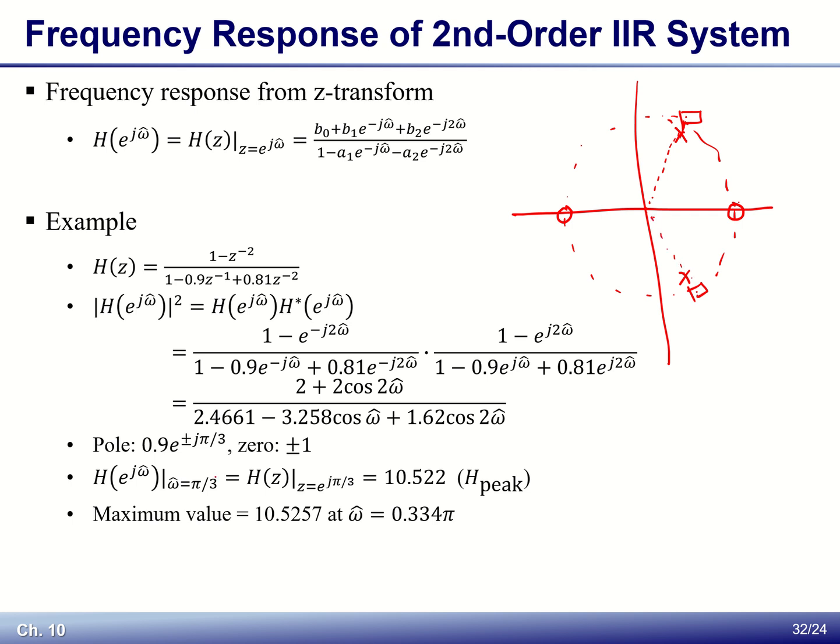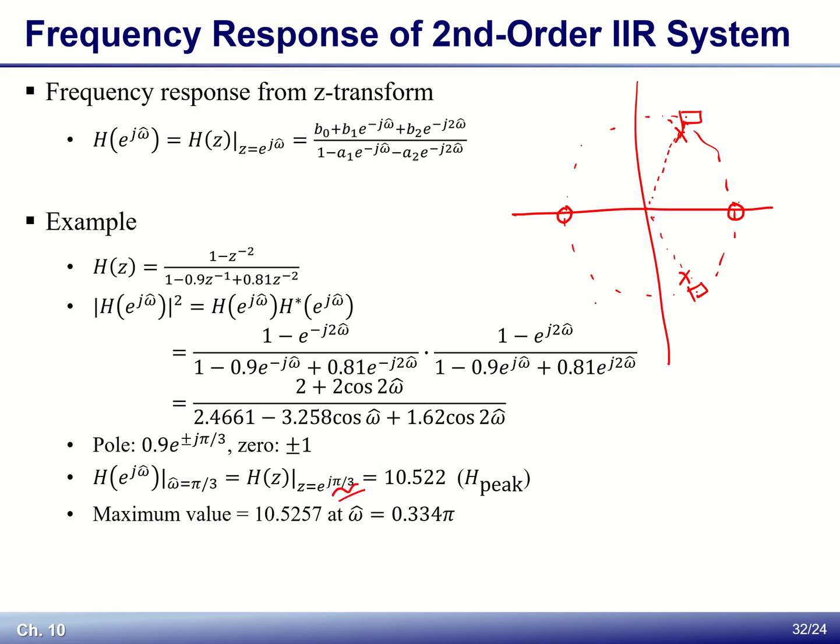When you put omega is pi over 3, it will be 10.522, but the actual maximum value will be 10.557 at 0.334 pi. It is very close.